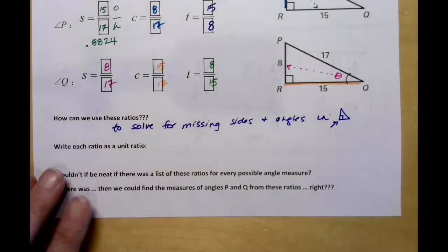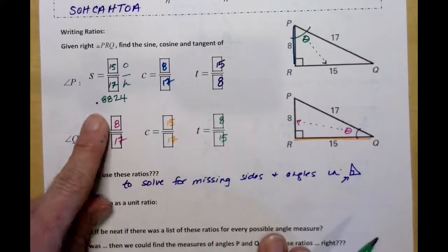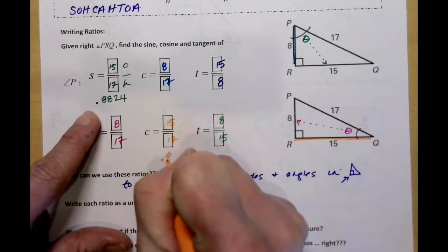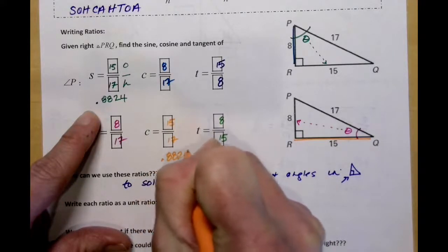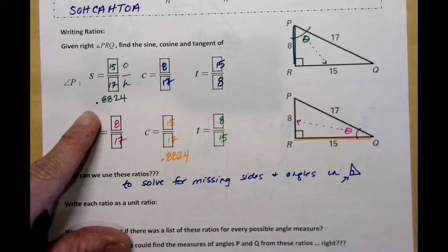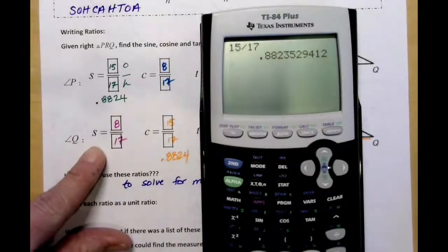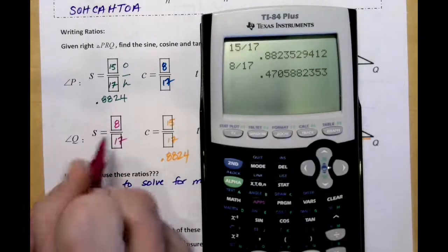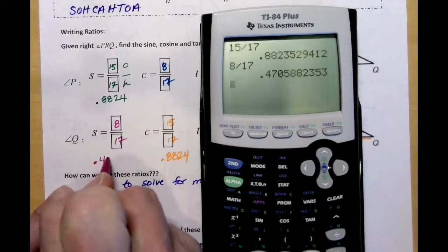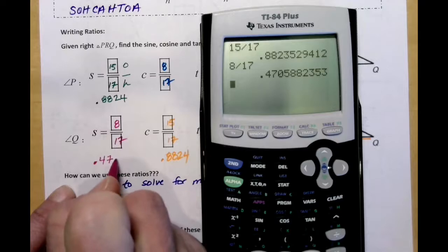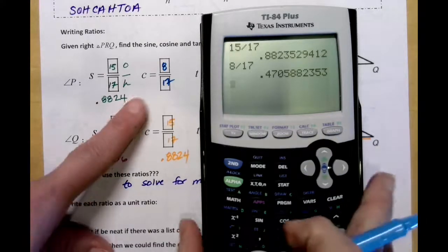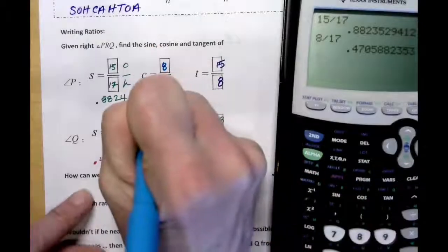So I started up here with 0.8824, and of course, I know that this decimal value will be the same. If I divide 8/17, that's going to give me 0.4706. And guess what? That's going to be the same for here.